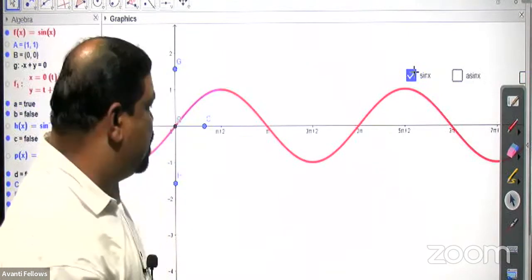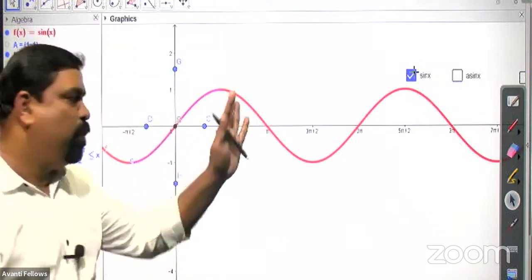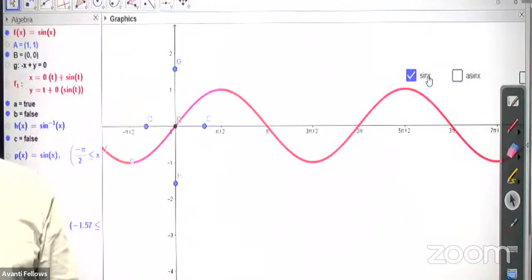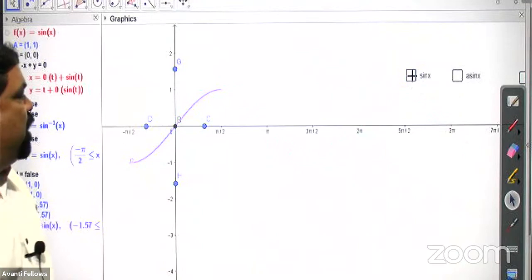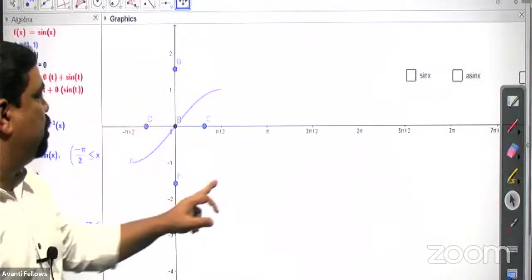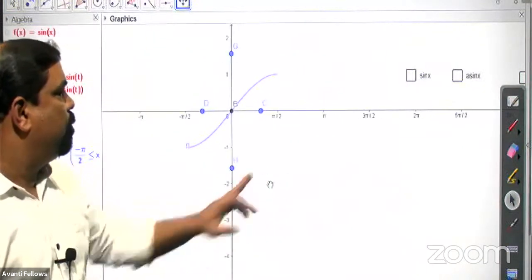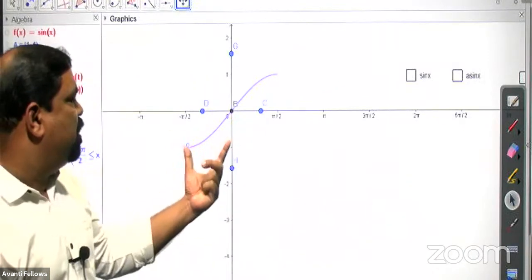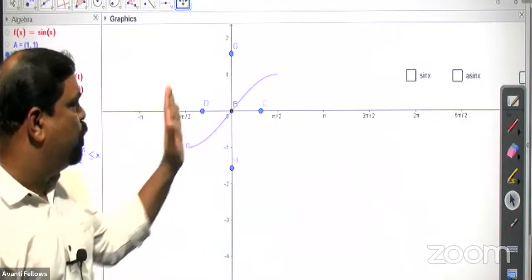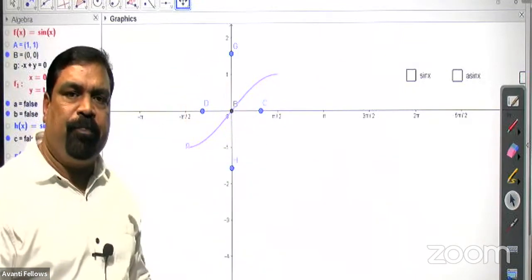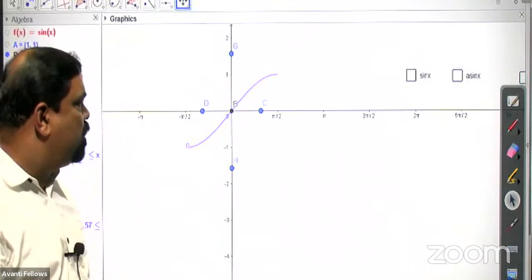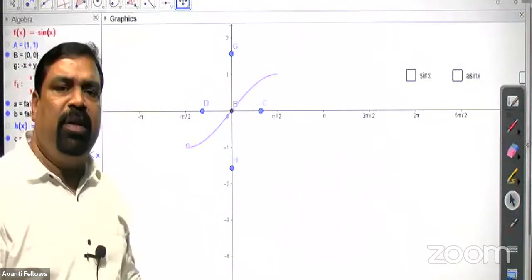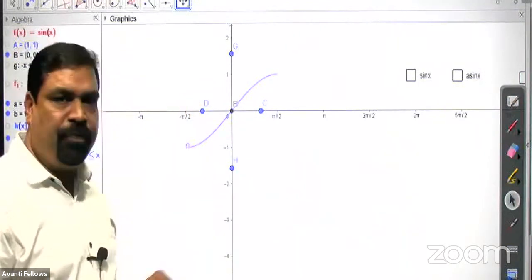So what you will get is only this much. Now in this interval, minus pi by 2 to plus pi by 2, you can very clearly observe that it is both 1-1 and also on-to.